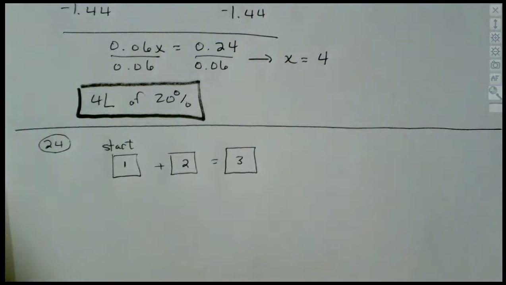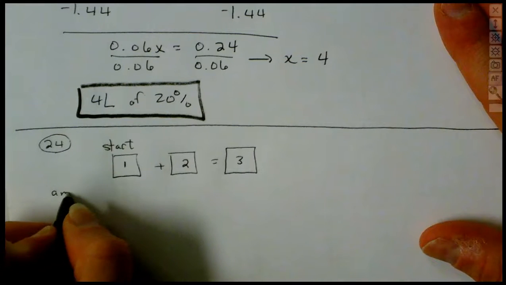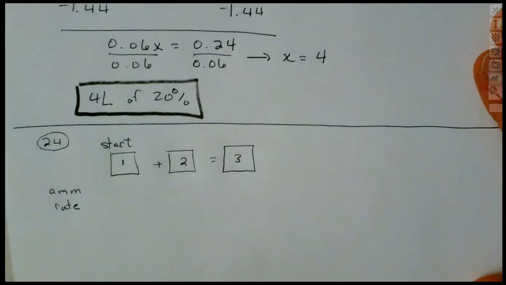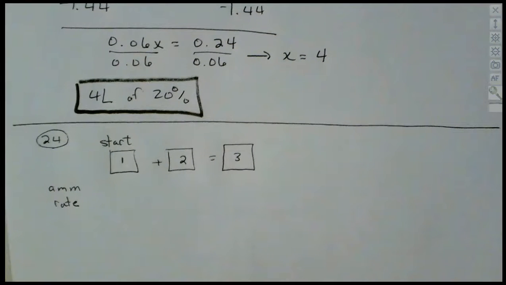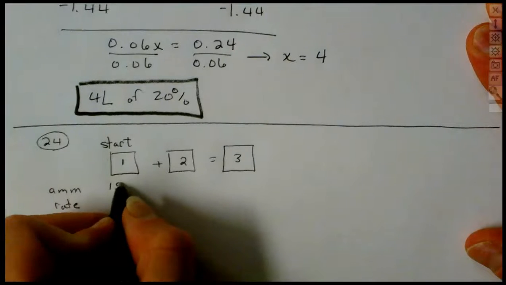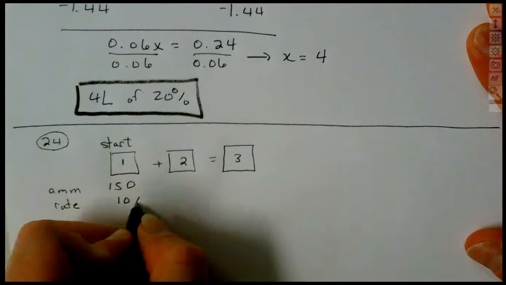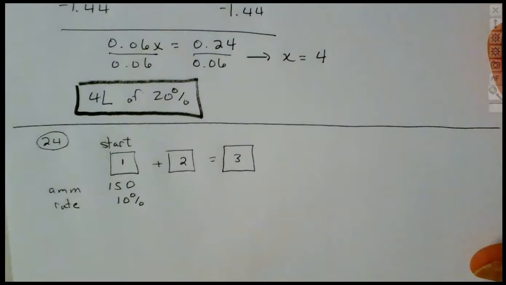If we read question 24, it says water must be added to 150 milliliters of a 10% solution. So we're going to start now with 150 milliliters. So that's going here. That's your amount. And percentage rate is 10%.